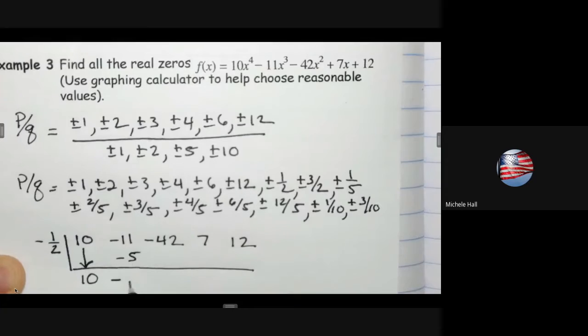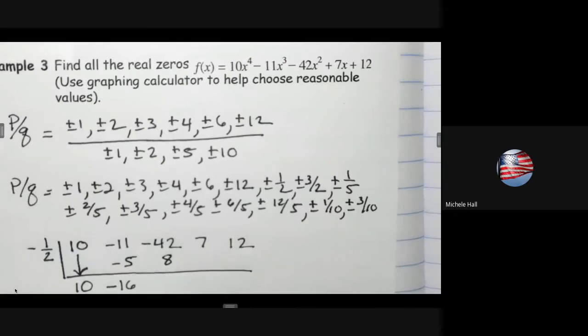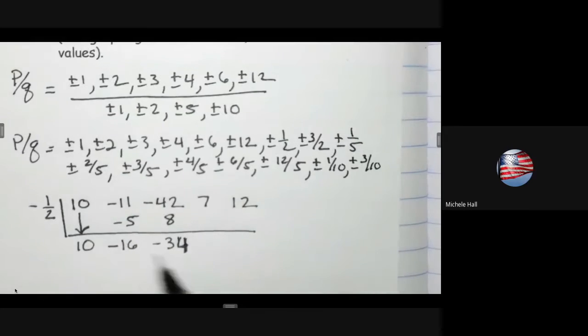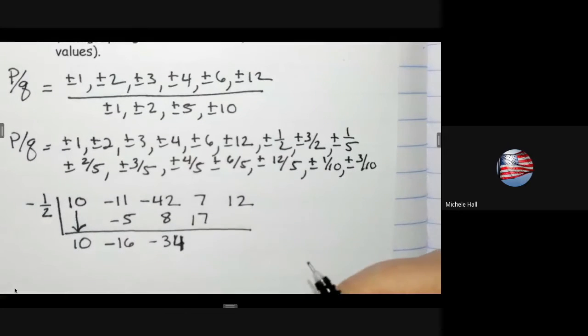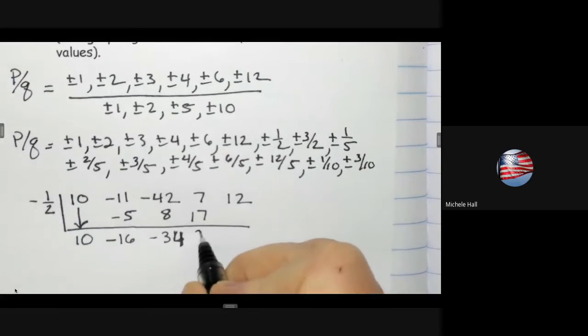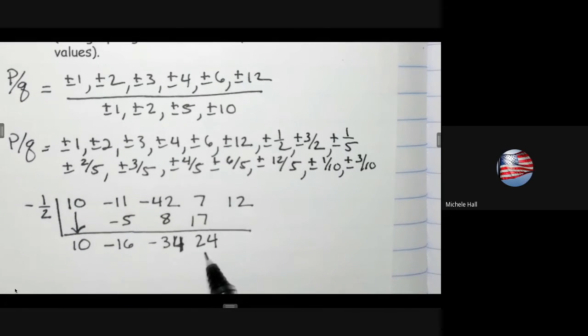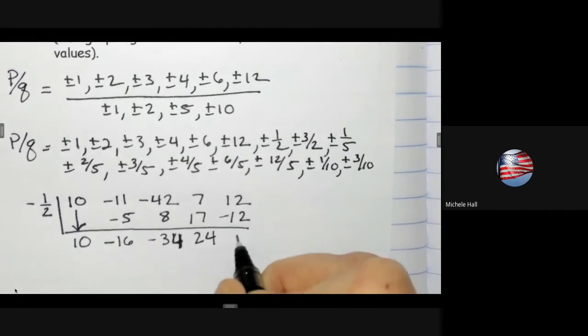We get -16. Negative times a negative is a positive, and half of 16 is 8. -42 and +8, -34. Half of -34 is 17, and negative times a negative is a positive. 17 and 7, 24. And then half of 24 is 12, and that would be a -12, and 0.